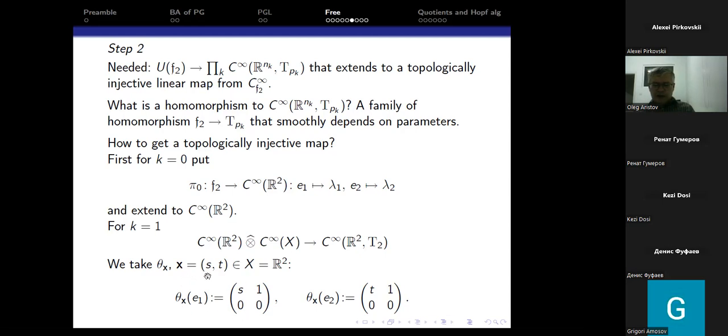For a fixed element X, which has two coordinates s and t, we have two matrices, this one and this one, very similar.